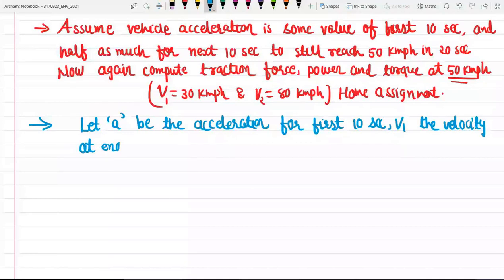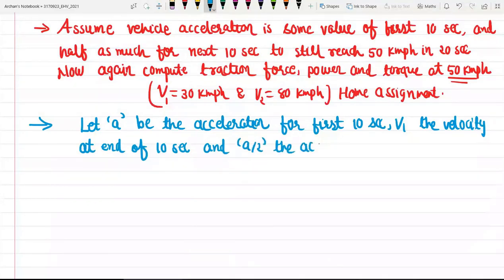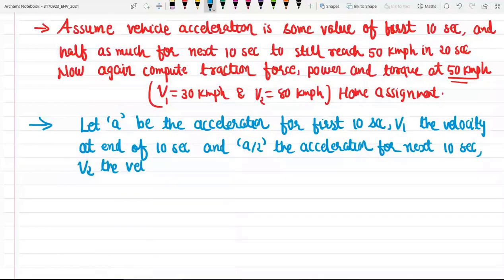And A by 2 is the acceleration for the next 10 seconds, and V2 is the velocity at the end of the next 10 seconds, that is 20 seconds.